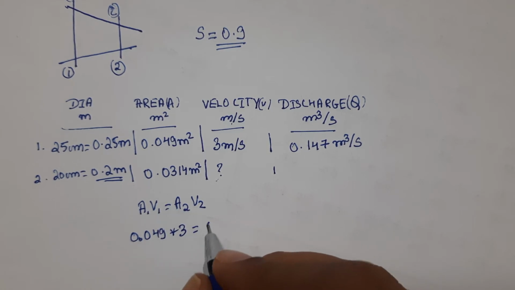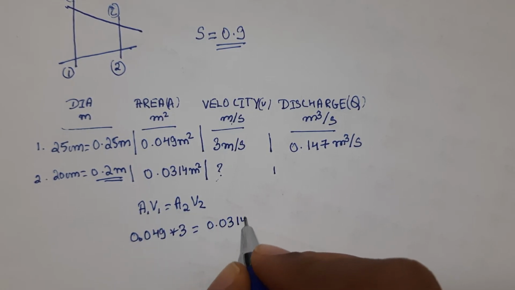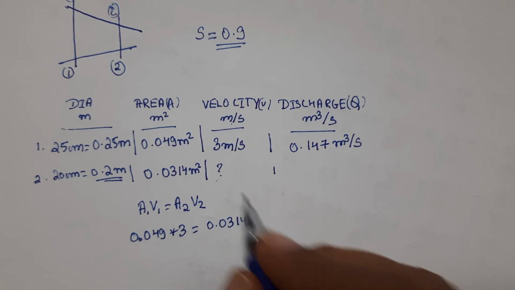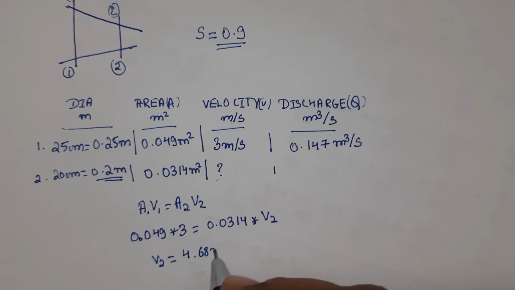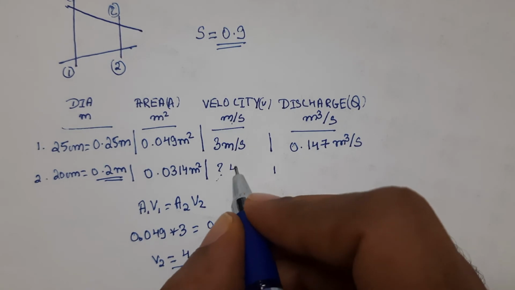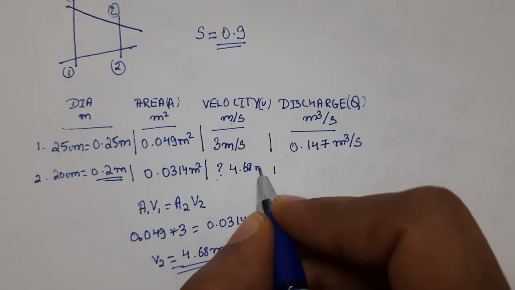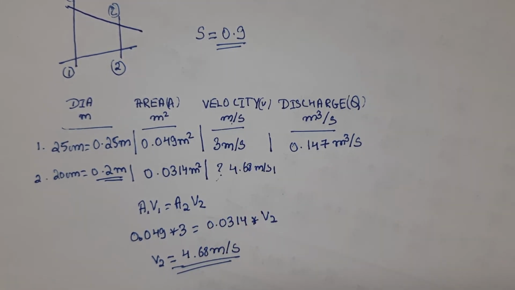A2 is nothing but 0.0314 into V2. By calculating this, we get the value of V2, which is 4.68 meter per second. This is the velocity.